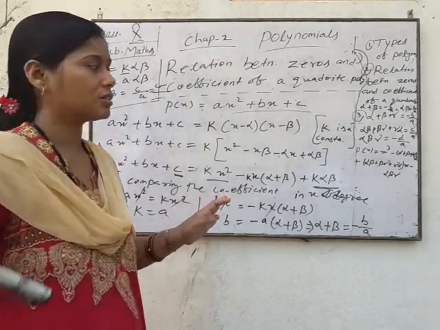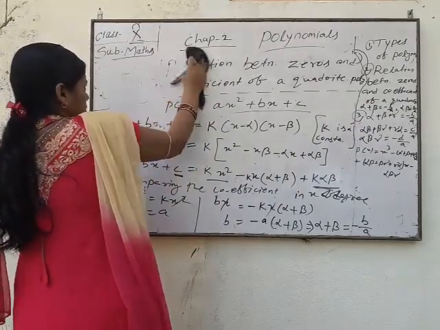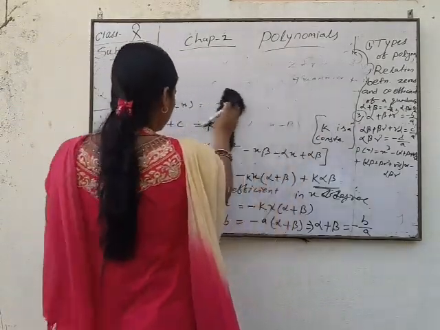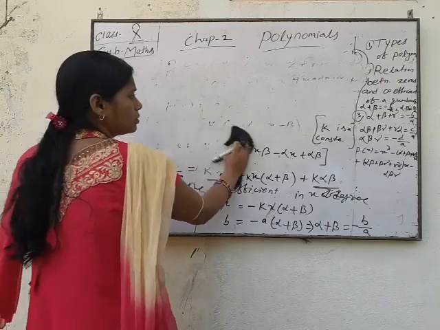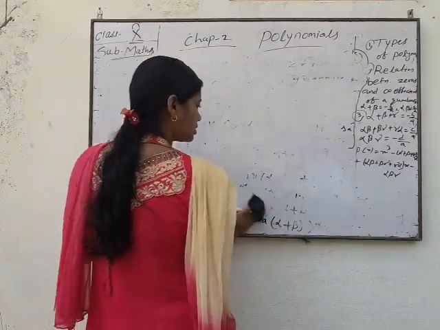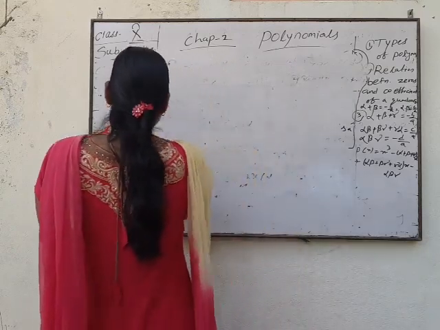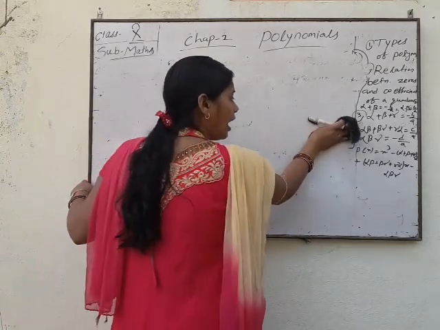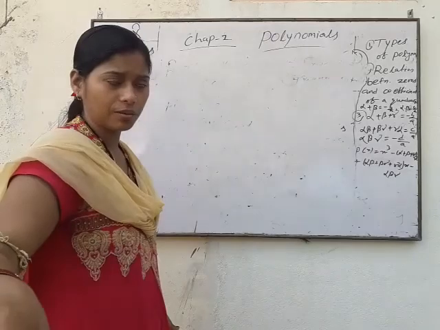The same applies to the cubic polynomial. We will discuss only the formulas, because the relation for cubic and quadratic polynomials is the same.